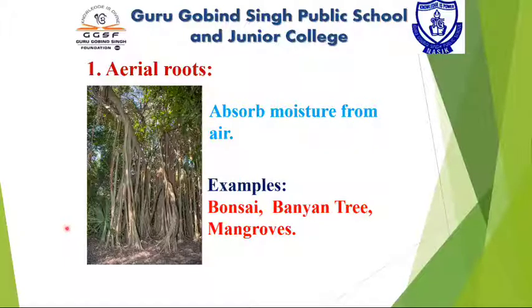Aerial roots may receive water and nutrient intake from the air. There are many types of aerial roots. In some, such as mangrove, aerial roots are used for aeration and not for water absorption.